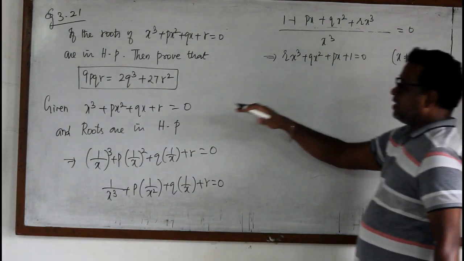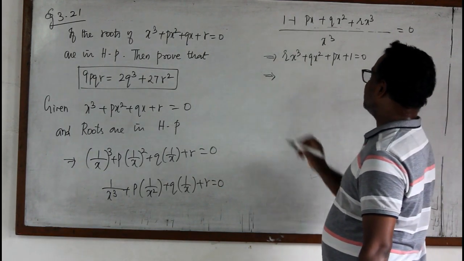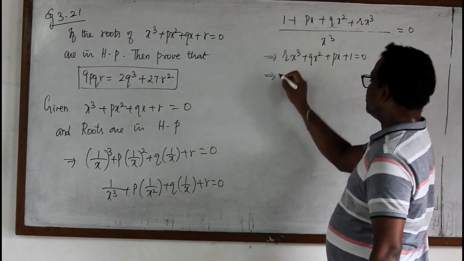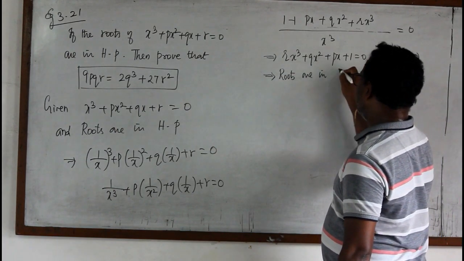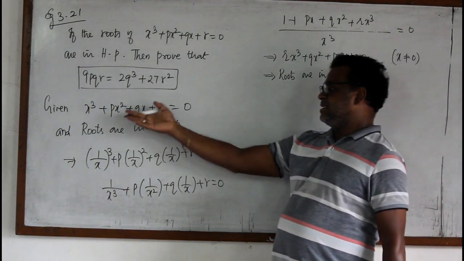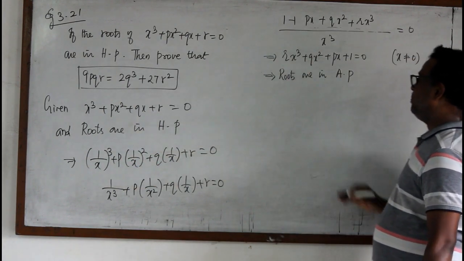Why did we write all this? When I change x to its reciprocal 1 by x, the roots, which were in HP, will become AP.